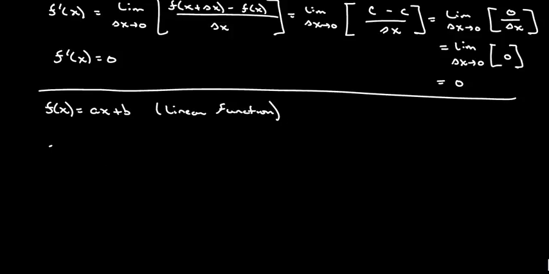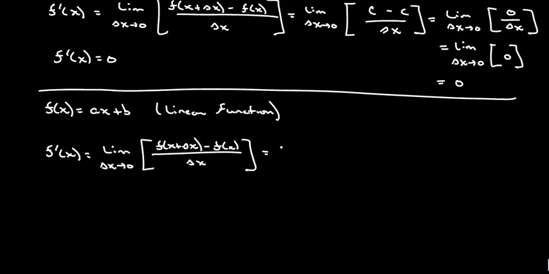Well, again, f prime of x would be equal to the limit as delta x goes to 0 of f at x plus delta x minus f at x over delta x.